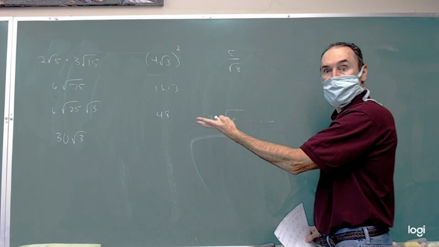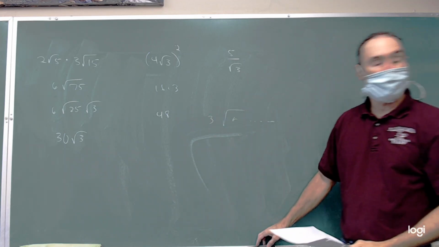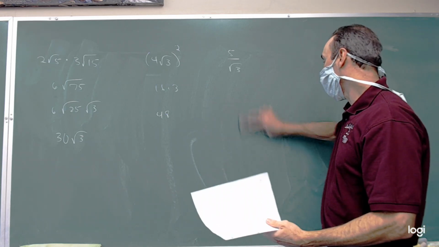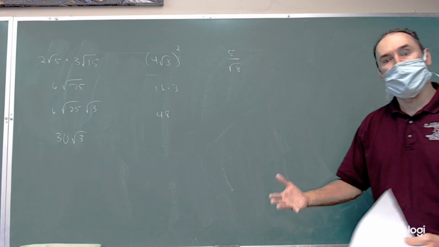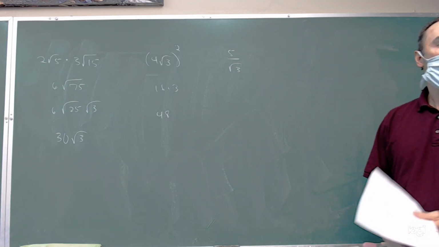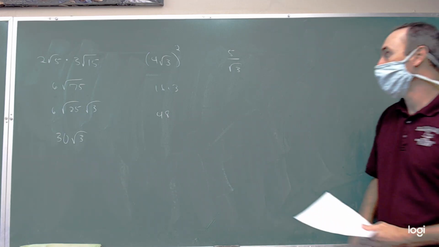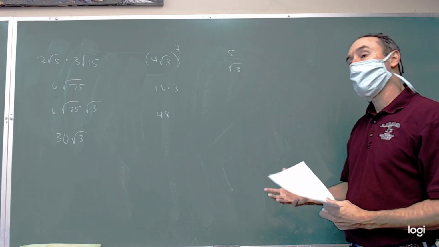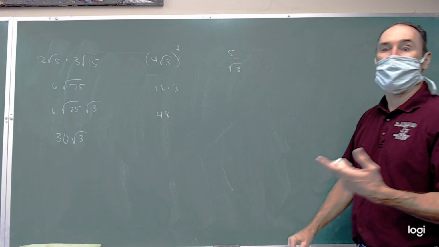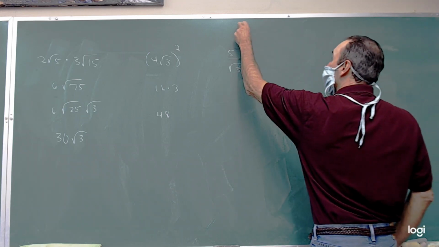Whereas you can't really do that if the non-terminating decimal is on the outside. Of course, now everybody's got a calculator, so it's not that big a deal, but the idea still survives historically that we want to give an answer that does not have the radical in the denominator. To do that is called rationalizing the denominator.